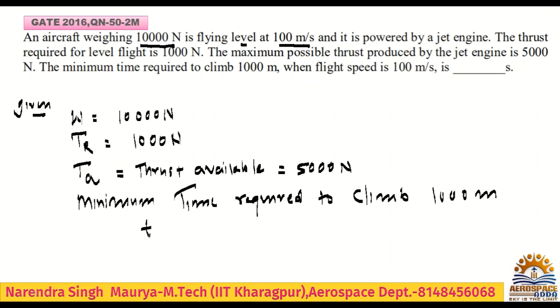So I will write minimum time required, T min R, we need to calculate when flight speed is 100 meter per second. Okay.